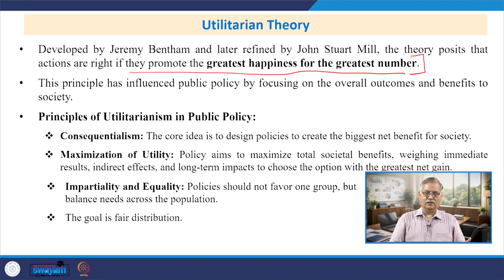In fact, all classical microeconomic theories talk about utility maximization and follow two approaches: the ordinal utility approach and the cardinal utility approach. And here the policy aims to maximize total benefit of the society, weighing immediate results, indirect effects, and long term impact to choose the options with the greatest net gain.